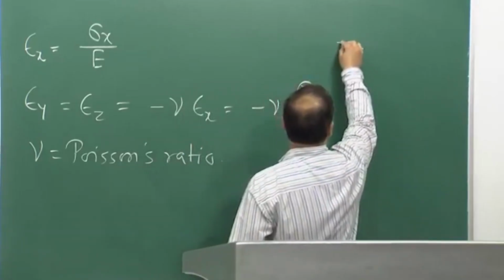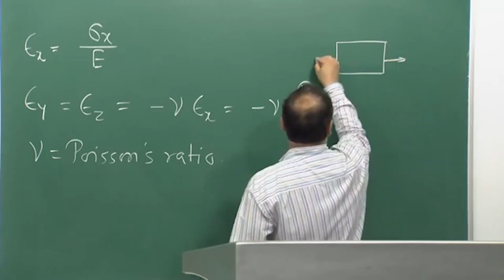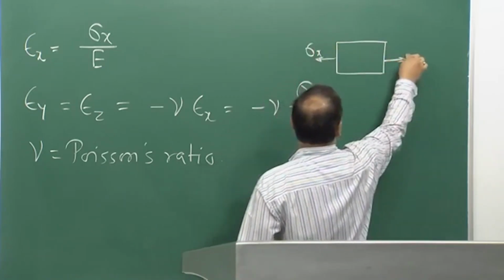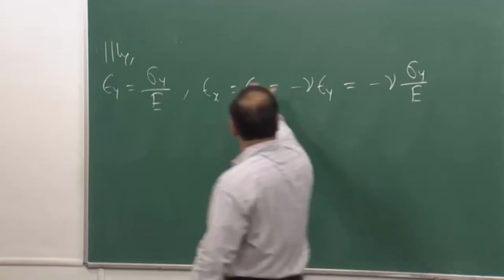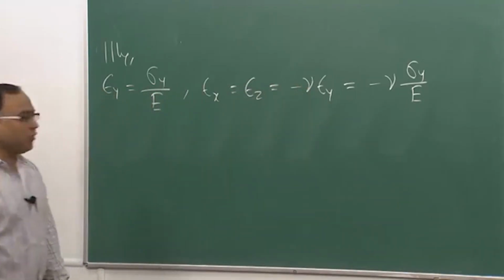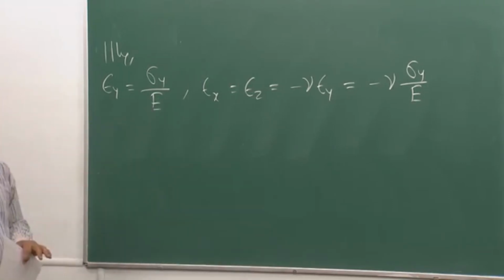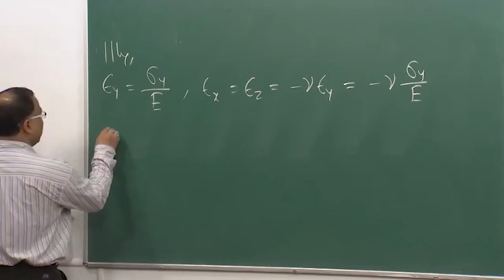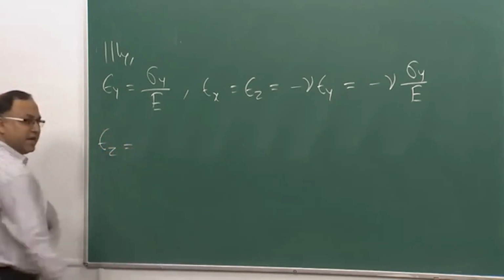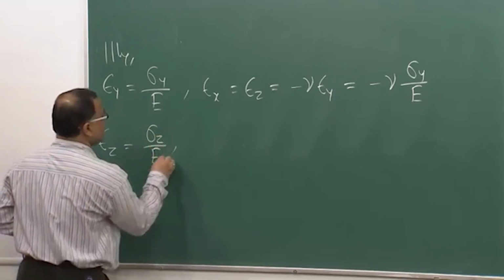So, if you consider a body, only sigma x is applied, and due to that you are getting this relation. Similarly, in this case only sigma y is applied, and because of that you are getting the strain components. And likewise you will be getting when only sigma z is applied.